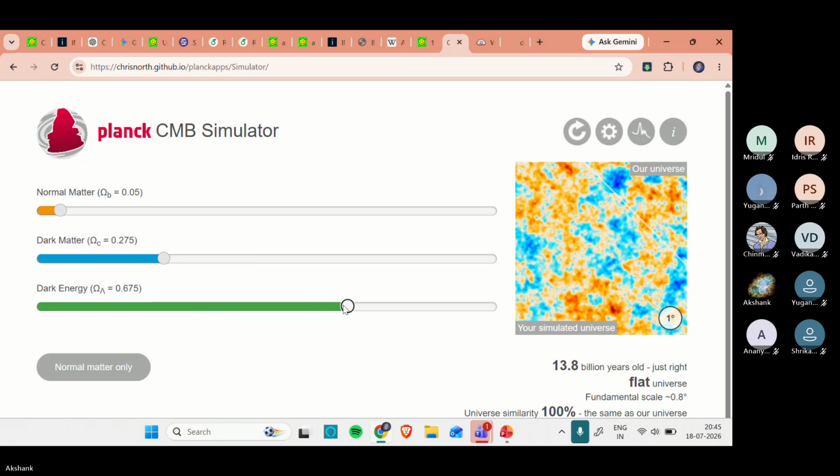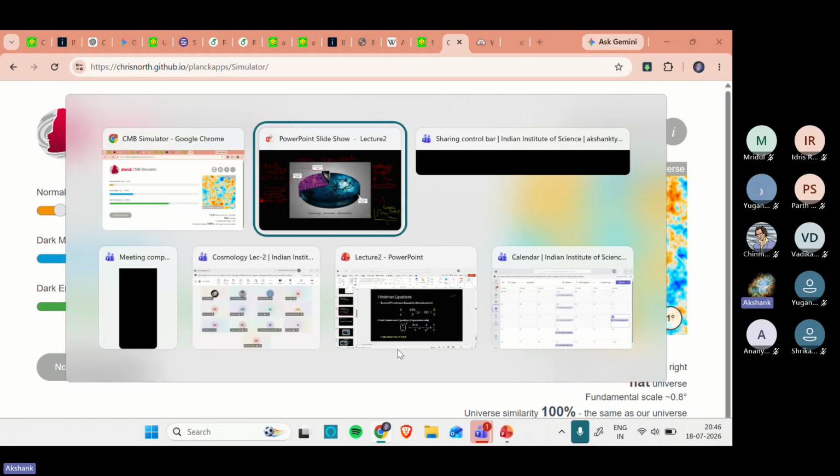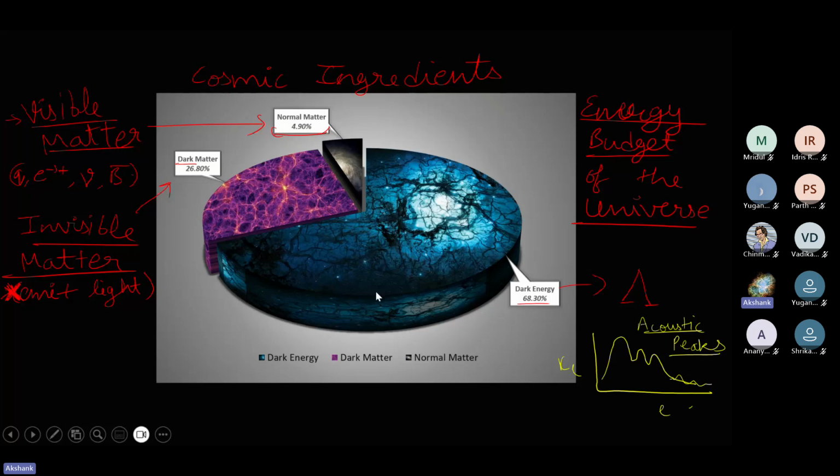So we were able to match it, and this shows you how these energy densities can be calculated using the CMB anisotropies. Got it? These results that I showed you are from the Planck 2015 result. Every time a new CMB paper comes out, they change them slightly, but roughly these are the correct values.